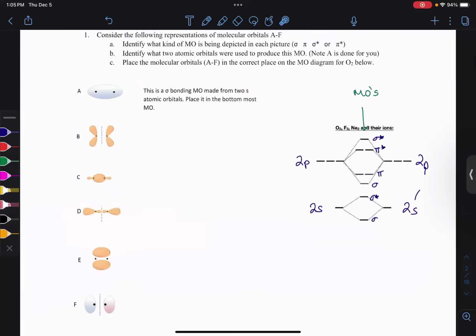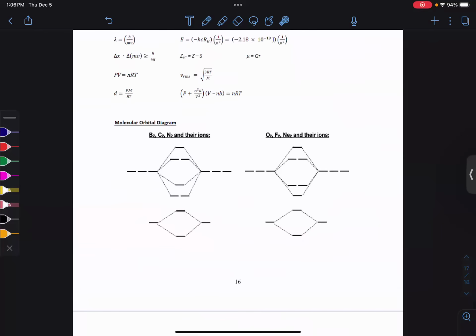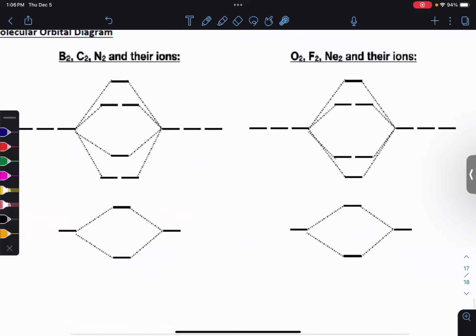So if we go to the very end where the supplemental information is, you'll see here two different diagrams. They're just slightly different in the orderings of the pi's and sigmas, but as long as you understand that pi's always come in pairs and the sigmas come singly, then you can recognize that pattern.